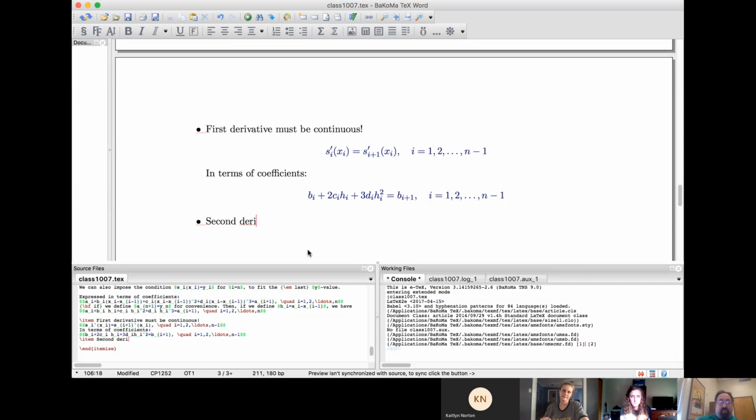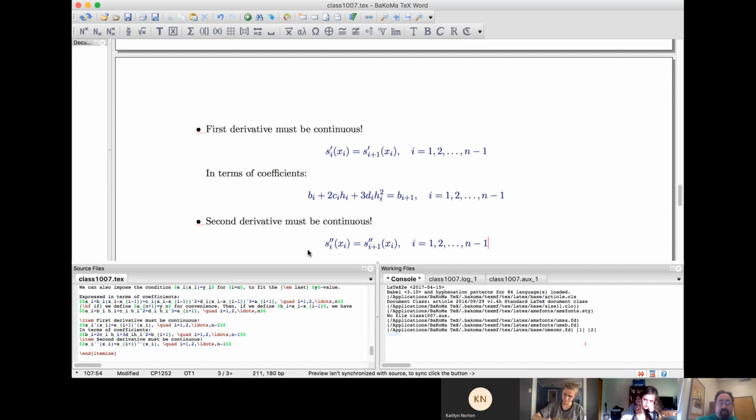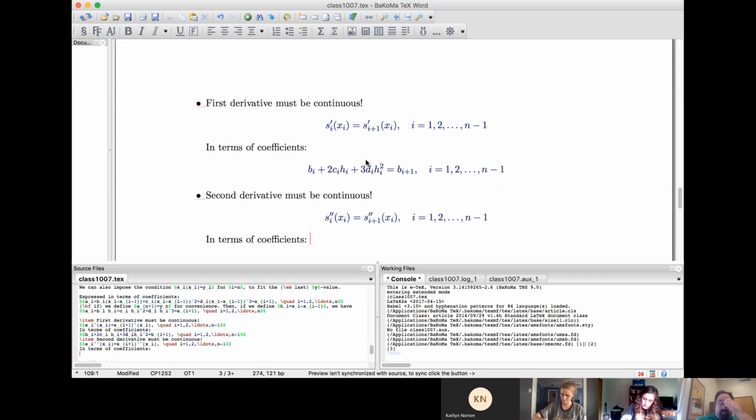Well, we have a second derivative that has to be continuous. So si double prime at xi must equal the next piece at the same point. I want to express that in terms of the coefficients.